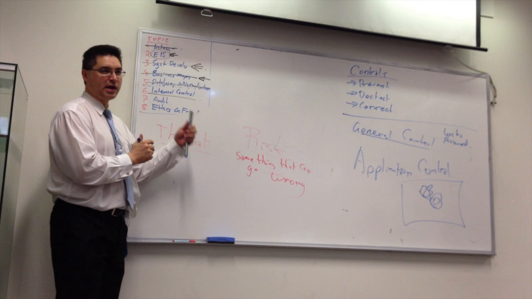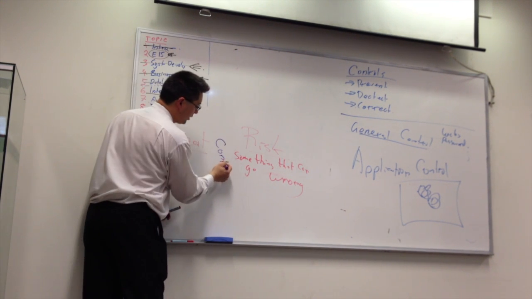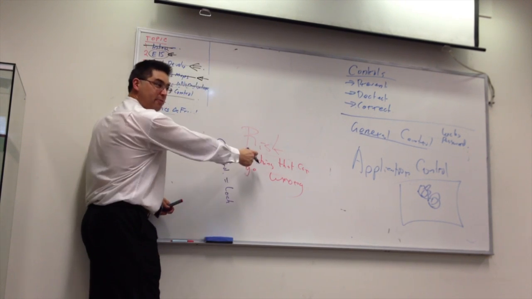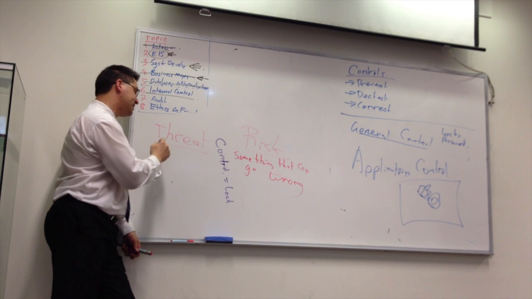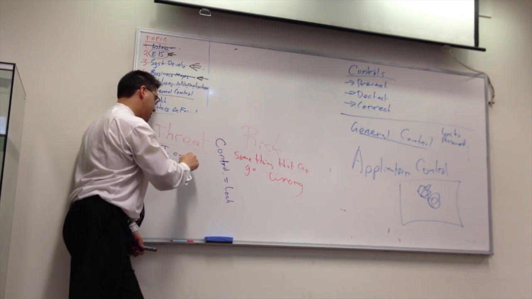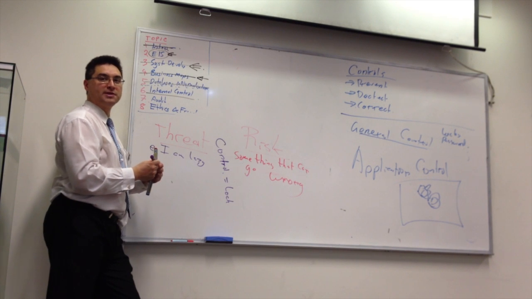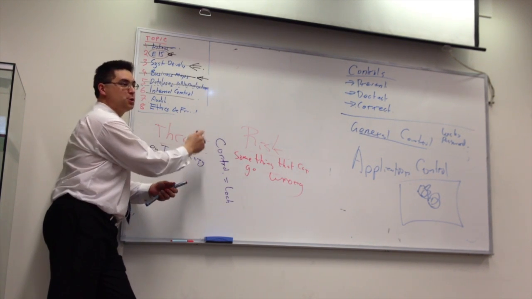So somebody could come in and steal my money. Therefore, the control I use is a lock to stop that risk. Now the threat is my laziness. I am lazy, and so I don't bother trying to lock things up. So a threat stops the control from working.